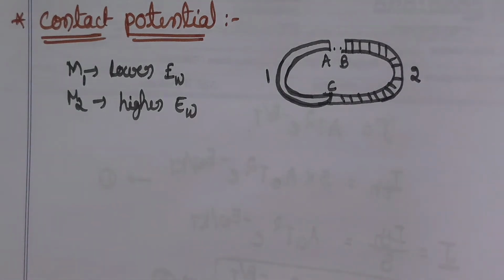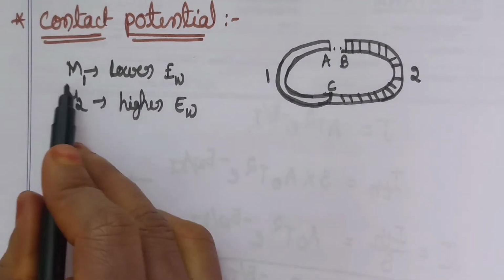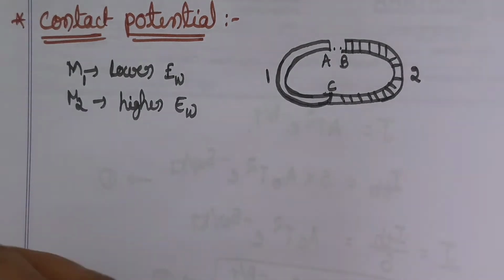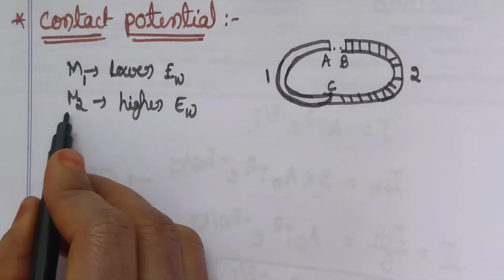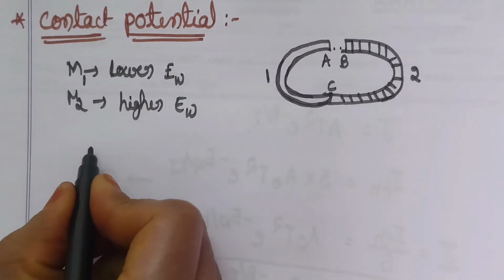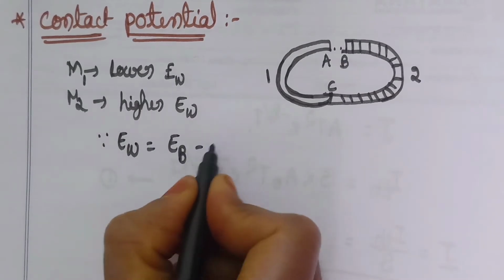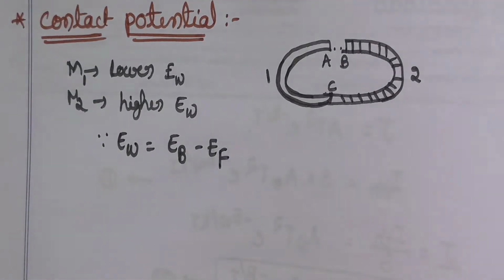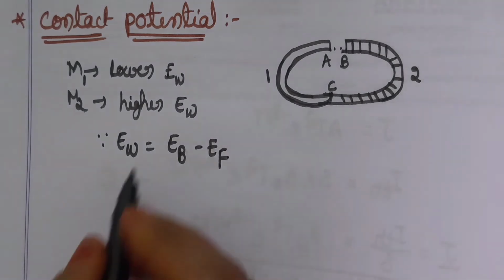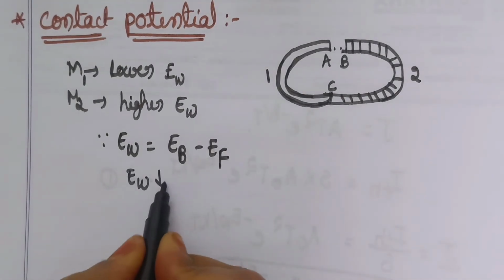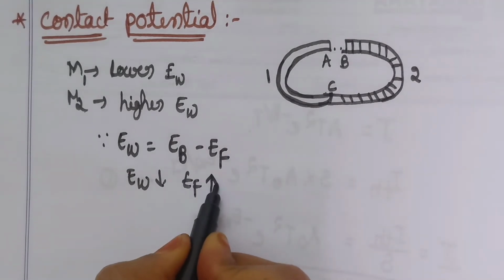The reason for the difference of potential is that when two metals are joined, the electrons will flow from the metal of lower work function, say M1, to the metal of higher work function, say M2. Since EW is equal to EB minus EF, EW small means EF is large.